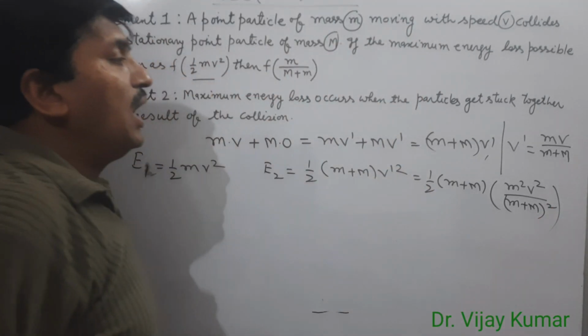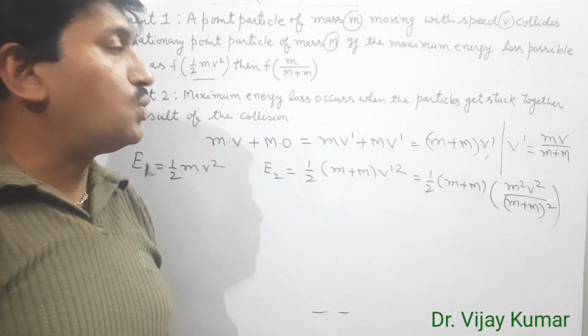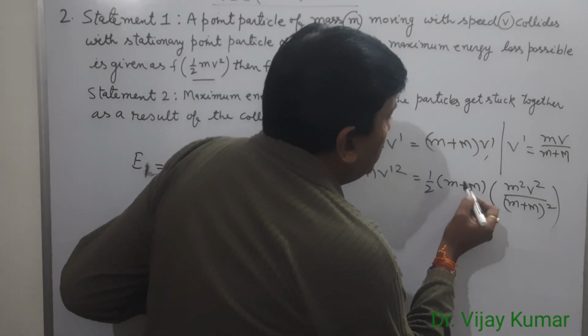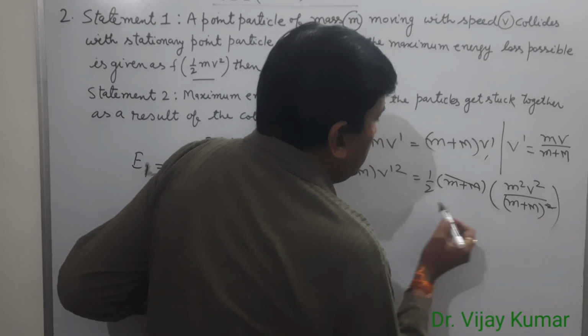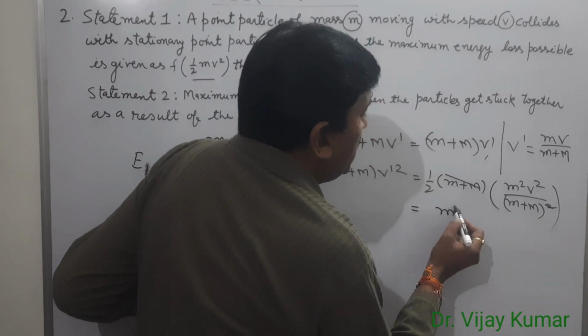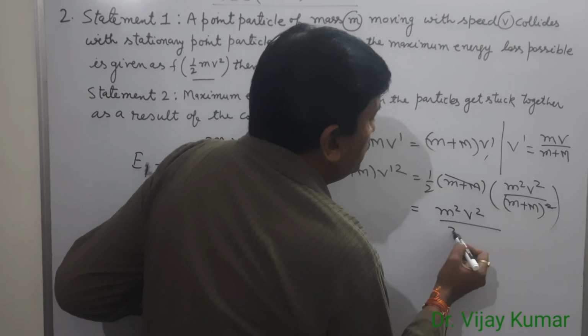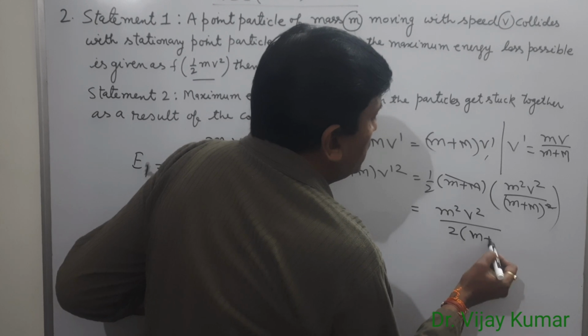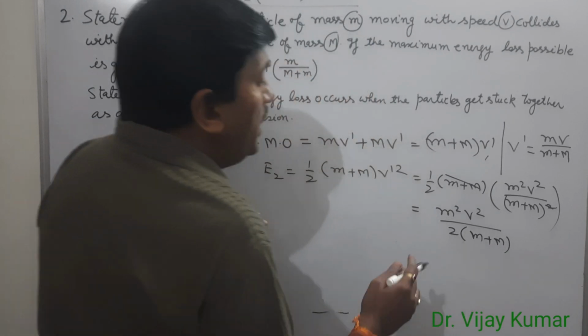So it becomes m square v square upon twice small m plus capital M.